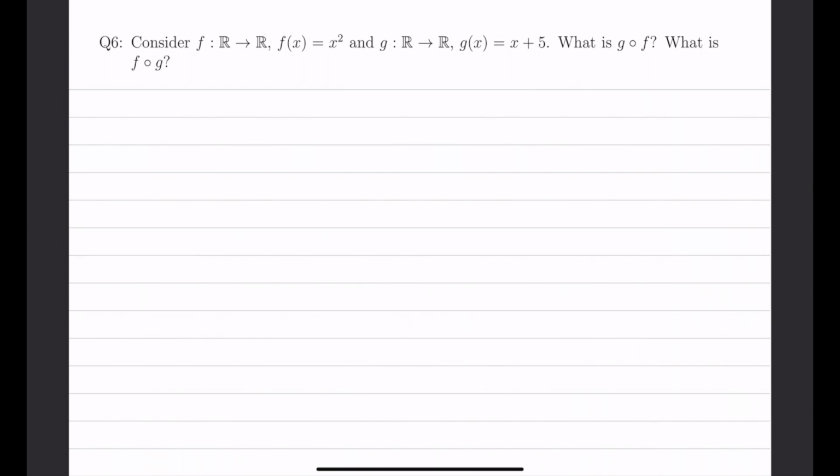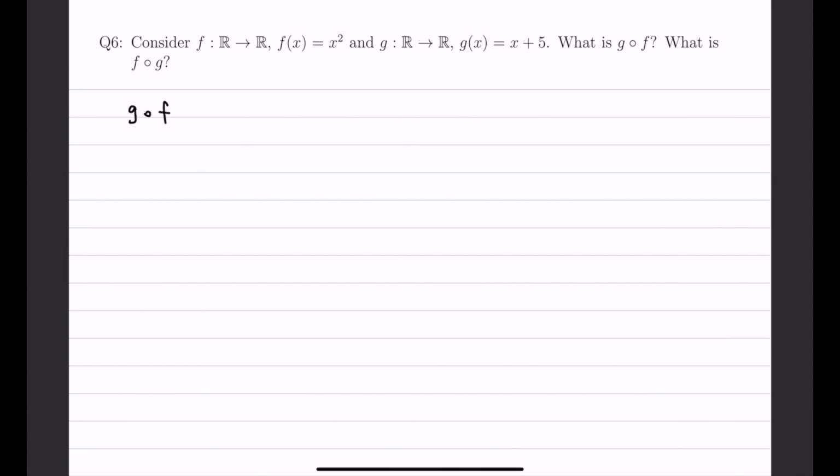Question 6 is about the composition of functions. So here we have two functions, f and g. And f is a function from real numbers to real numbers defined by f of x is equal to x squared. And g of x is given by x plus 5, where g is also a function from real numbers to real numbers.